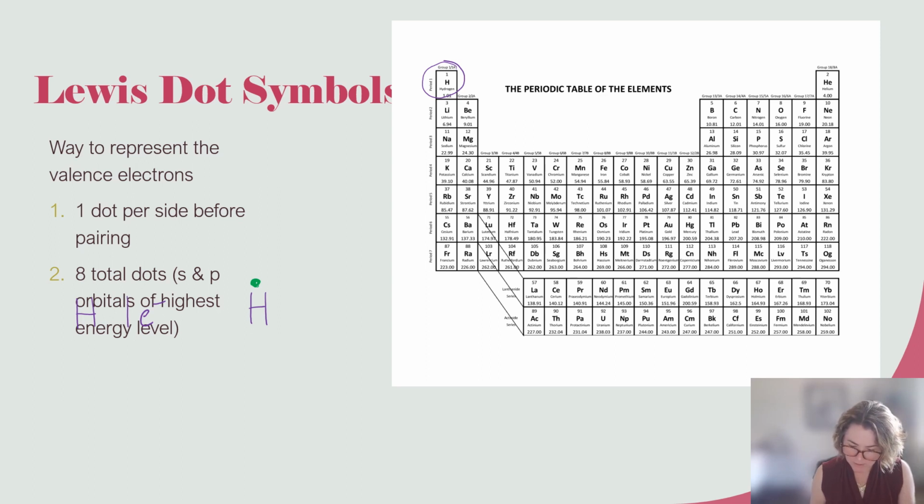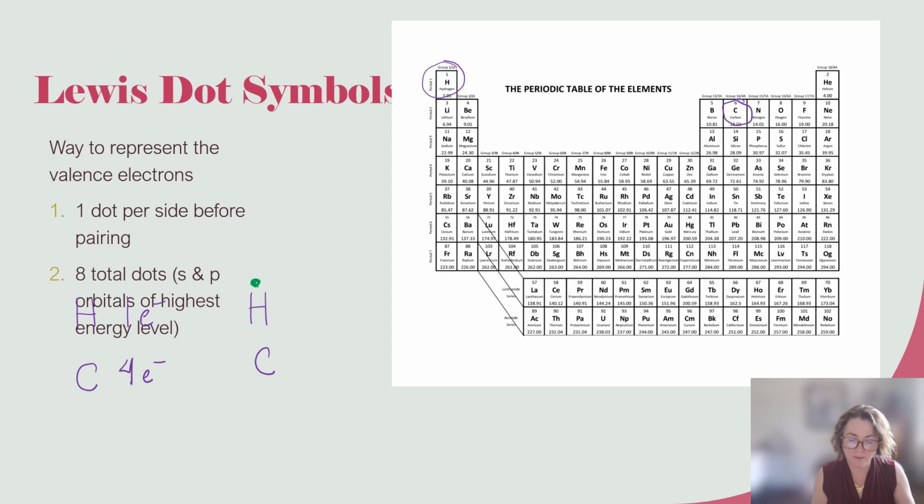Okay. Let's take a look at carbon. So carbon is over here, and I could go run through the configuration to figure out the number of valence electrons, but since I now know the shorthand or the cheat, I can see that carbon sits in 4A, and so I know that carbon is going to have 4 valence electrons. So when I do my Lewis dot symbol for carbon, again I mentioned that I want to have 1 dot per side.